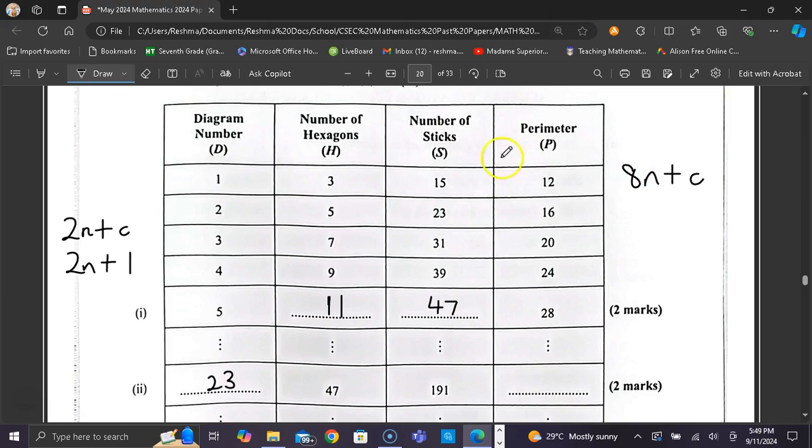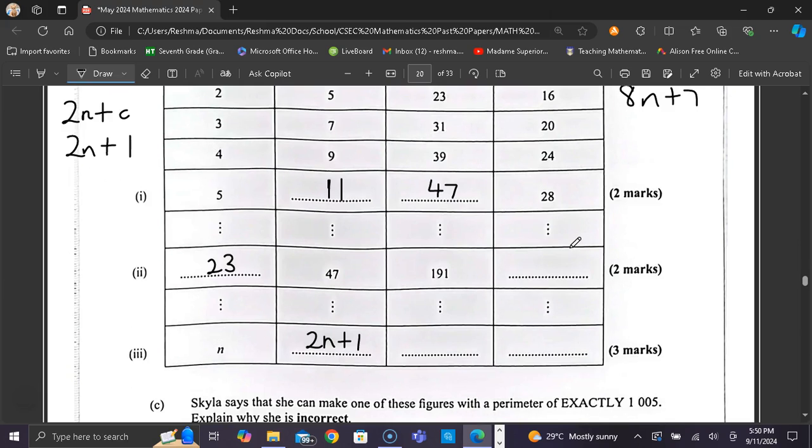If I multiply the diagram number by 8: 8 by 1 is 8, I'll have to add 7 to get 15. 8 by 2 is 16, I'll have to add 7 to get 23. 8 3s are 24, add 7 to get 31. 8 4s are 32 plus 7 is 39, and 8 5s are 40, plus 7 is 47. So the rule for the number of sticks is 8n plus 7.